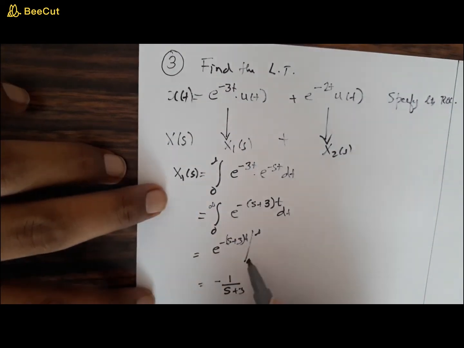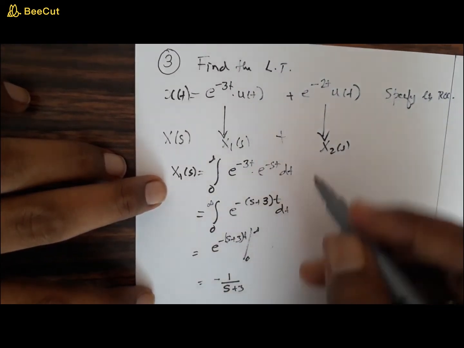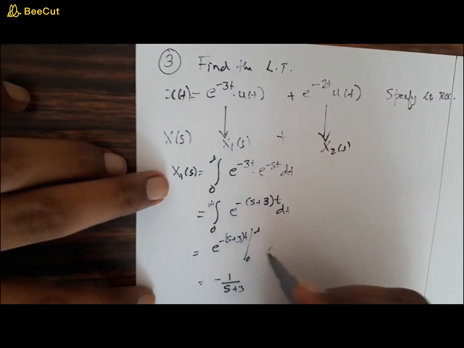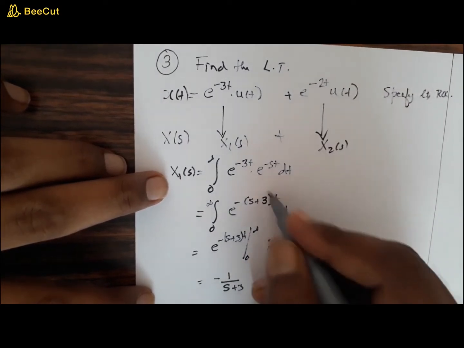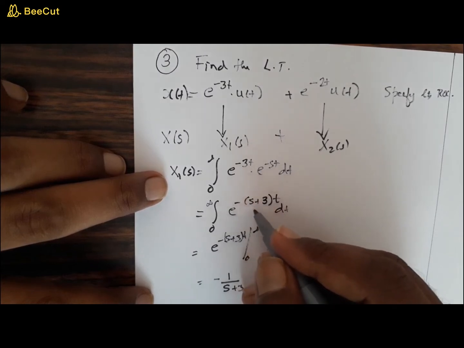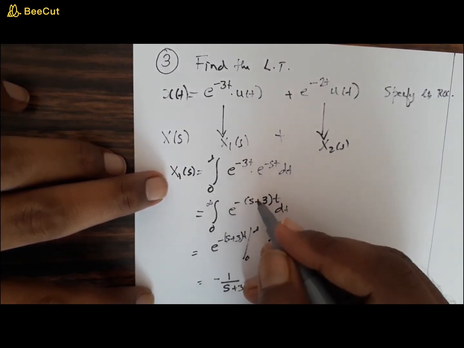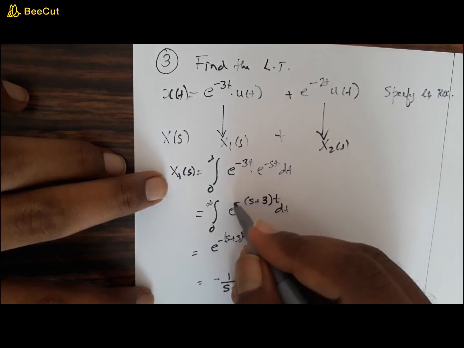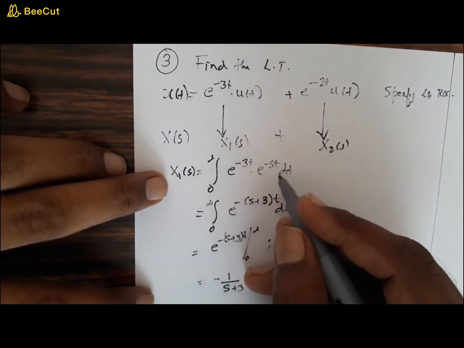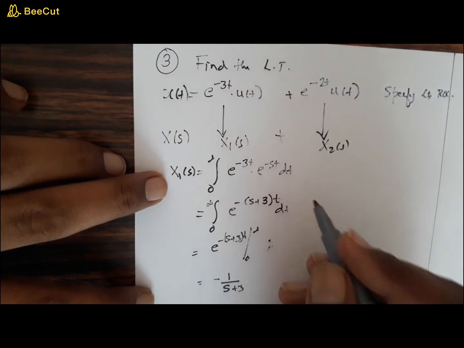Now for this signal to have a Laplace transform, what must be the condition? Here you have already a minus sign. That means this part has to be always a positive quantity. It should not be a negative quantity, because then the exponential is no longer decaying. We want to make this exponential signal always a decreasing function.